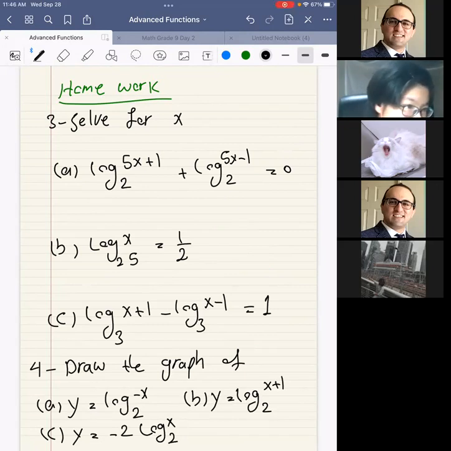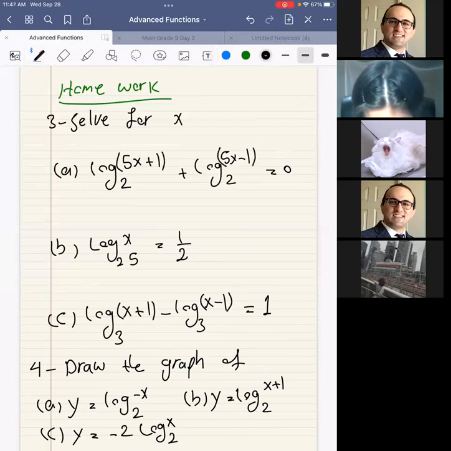I guess C in question 3 means log of x plus 1 based on 3, but not log of x based on 3 plus 1, right? So let me be more clear. That means this. Yeah, so let me just write this more precisely.